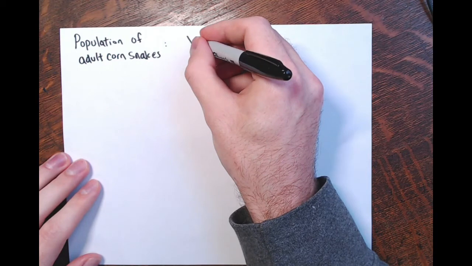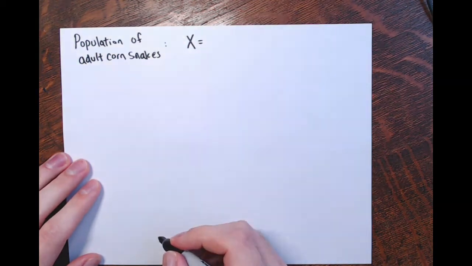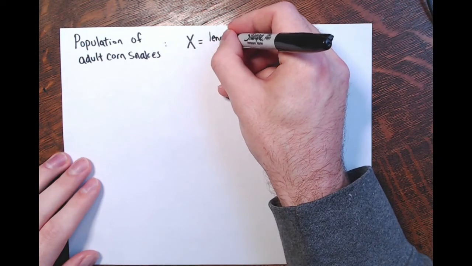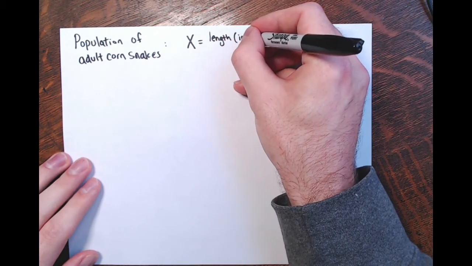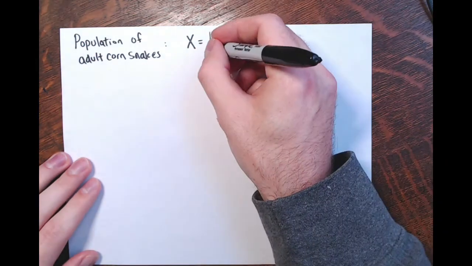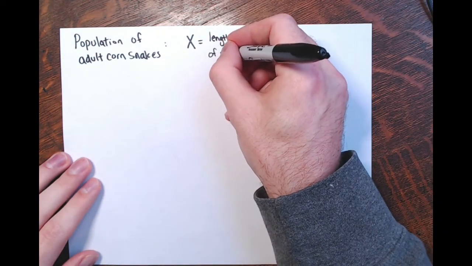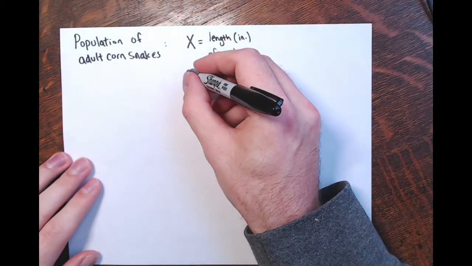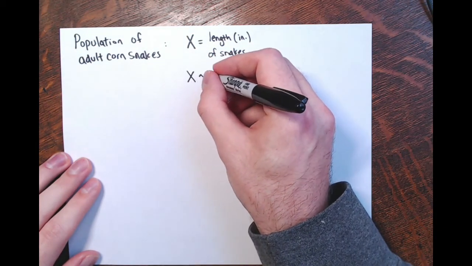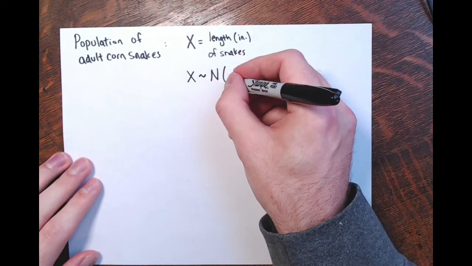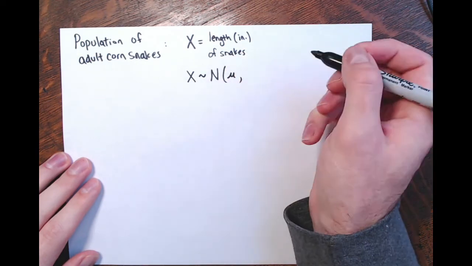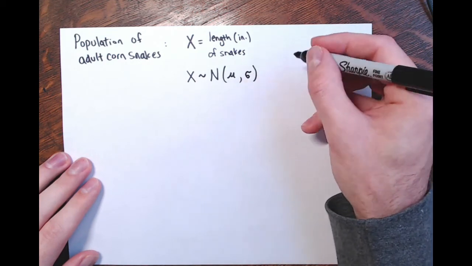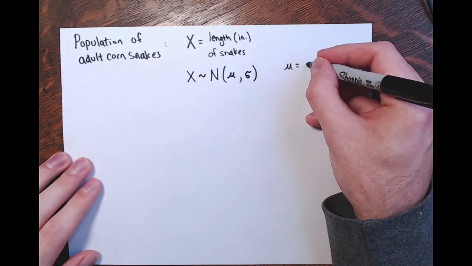And let's suppose that a variable called x represents their lengths in inches. They're telling us that the length of these corn snakes is normally distributed with some mean mu, the population mean, and some standard deviation sigma, where mu is unknown.